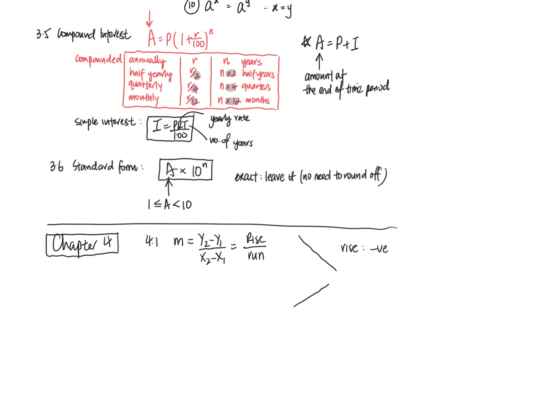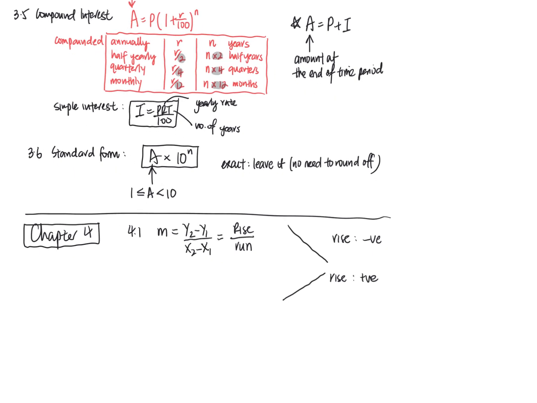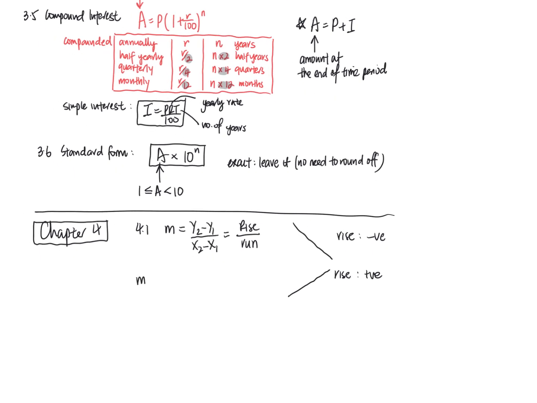When it's upward sloping, your rise is positive. So when you are using rise over run, you just need to take note of that. Next, gradient can be undefined if it's x equals to a, so when it's a vertical line. So a vertical line means your x coordinate is the same.